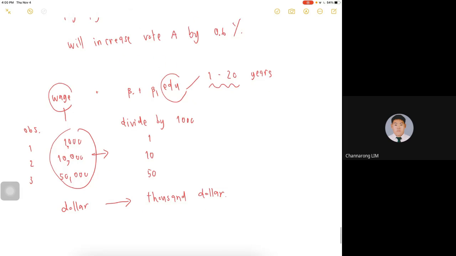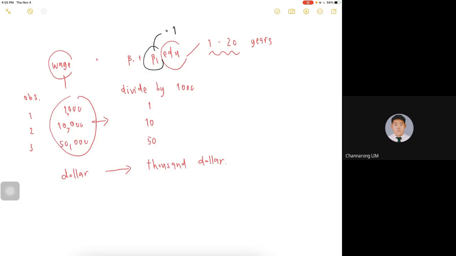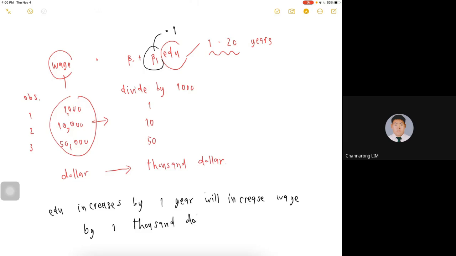So how do you interpret this one if you got your results already? For example, if your beta 1 is equal to 1, it means that education increased by 1 year will increase wage by $1,000, because you already transformed the unit from dollar to $1,000.